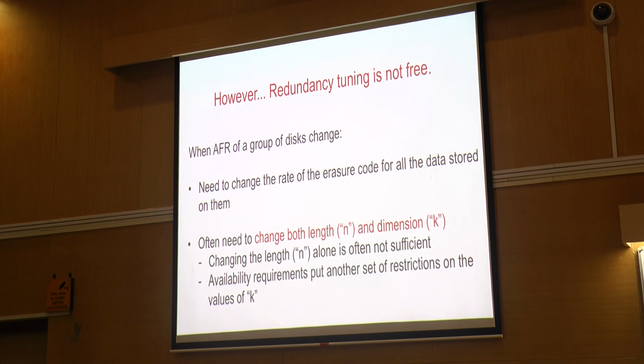But often that doesn't work, because as I mentioned earlier, in addition to durability, there are also constraints on availability, which places restrictions on what value of k we can use. If k could be chosen as anything, then one could choose a large k and have large n when you need high redundancy, and a very small n, just a few parities, when you want lower redundancy, that is, when the failure rate is lower, right?